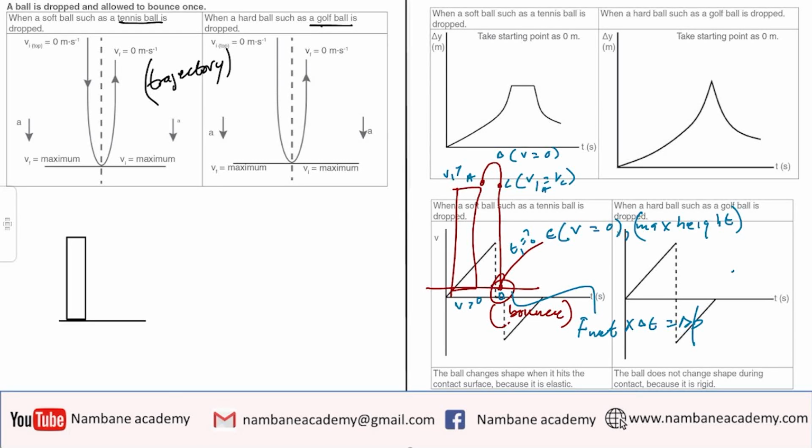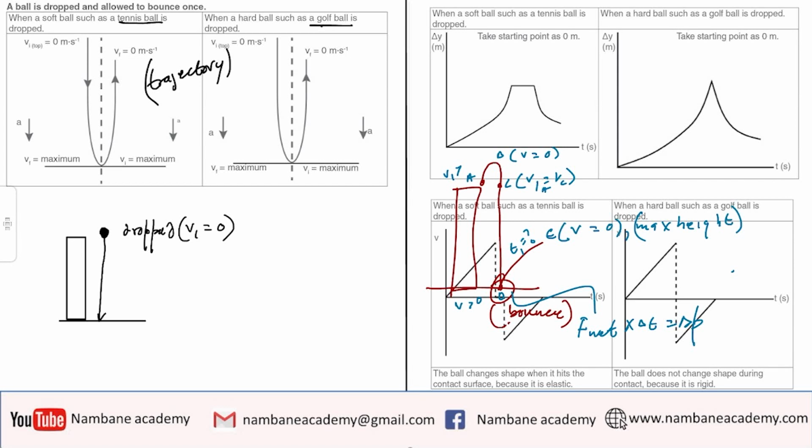What does it mean when it is dropped? V initial is equals to 0. But obviously it is coming down.